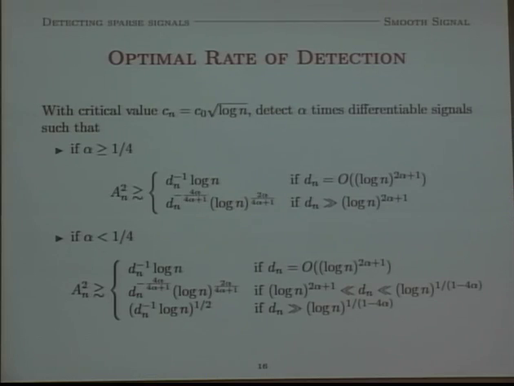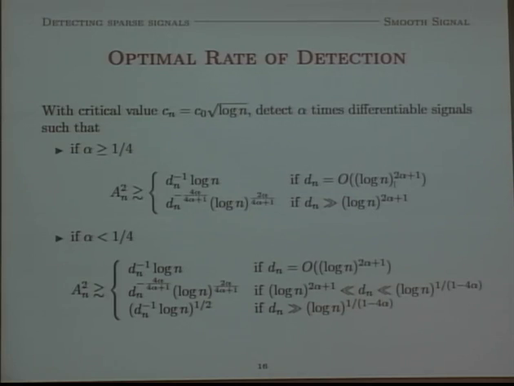Essentially, when your signal is short, then you achieve the same rate of detection as if you know the shape of the signal. But I want you to draw a little bit of comparison with the previous setting when you don't have any information about the signal. The transition occurs at log n. And if you have smoothness, the transition occurs at log n up to the order of 2 alpha plus 1.